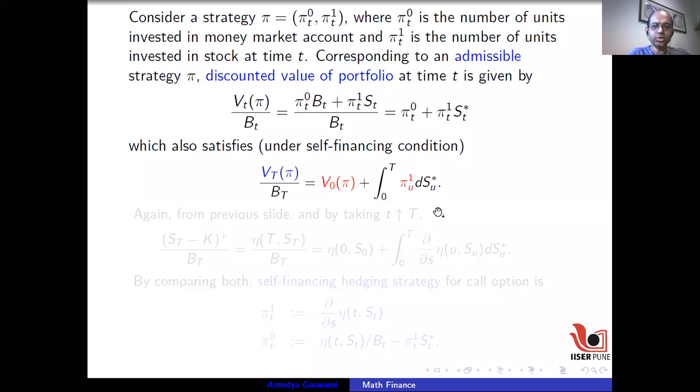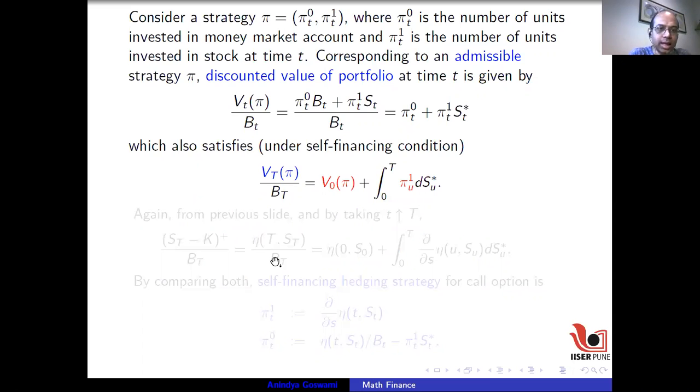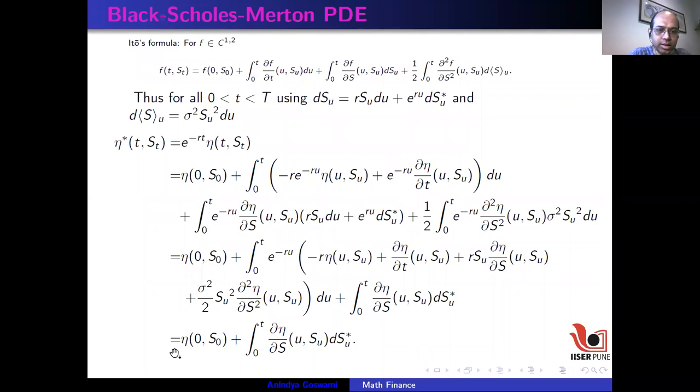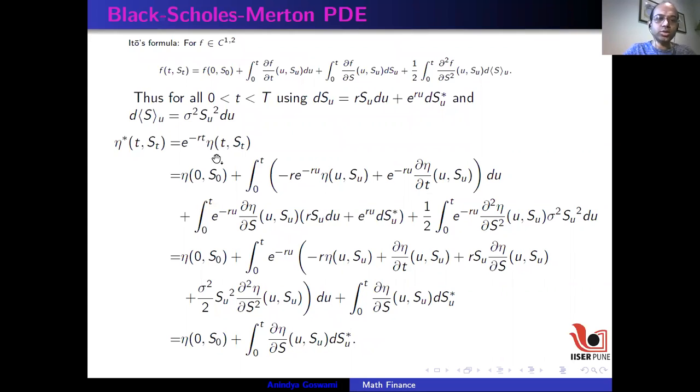So I continue. Now we go back to the result we obtained in the last slide. There we have seen η star, that is η by B. The last slide says η star is equal to these two terms, with some integrand and d star, which matches what I have just obtained. Then I can allow small t to tend to capital T, because η is continuous, so this left-hand side converges.